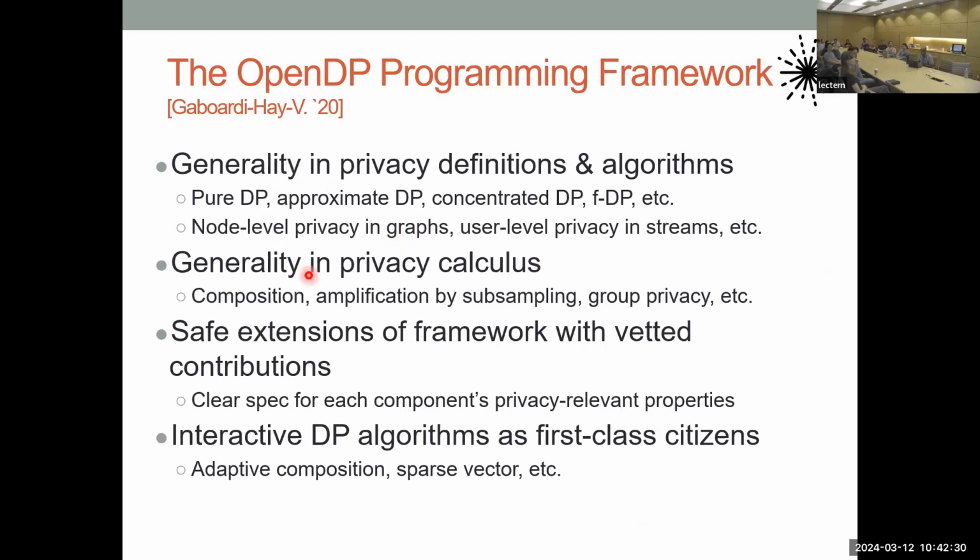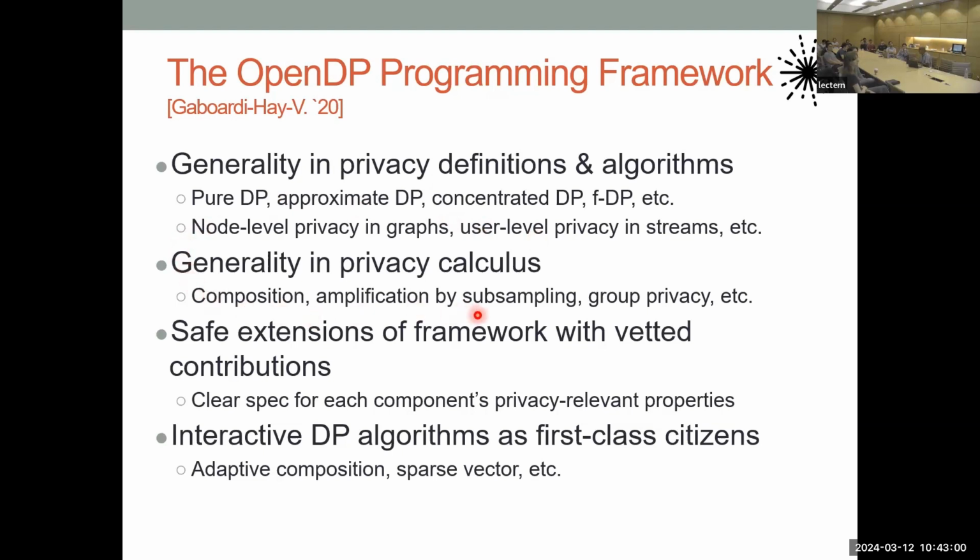A couple of these have to do with flexibility: we wanted to capture the many different ways that people were reasoning about privacy in the literature and different applications, different kinds of data sources. So you don't have to just talk about a tabular data set, where individuals are rows, but you could talk about graph data, such as social networks, where people are nodes in the graph, or data streams, where users might be associated with many events.